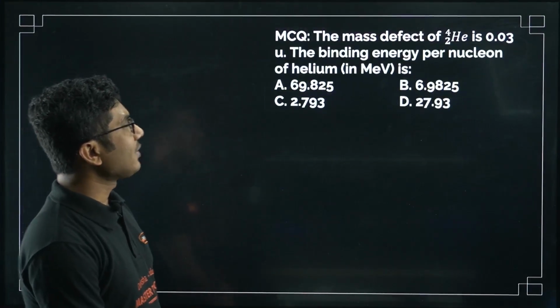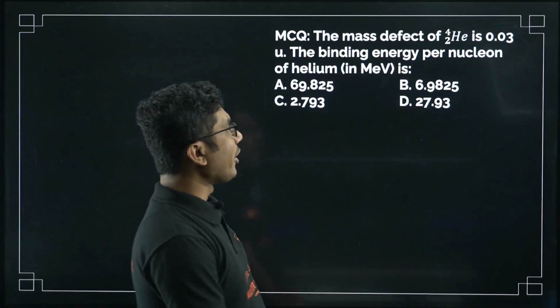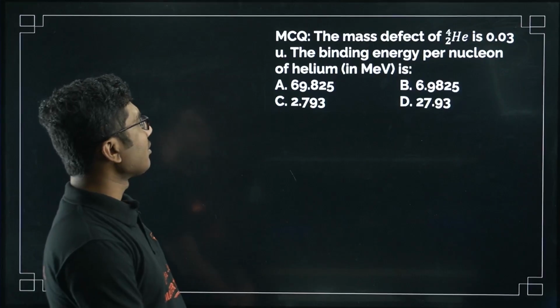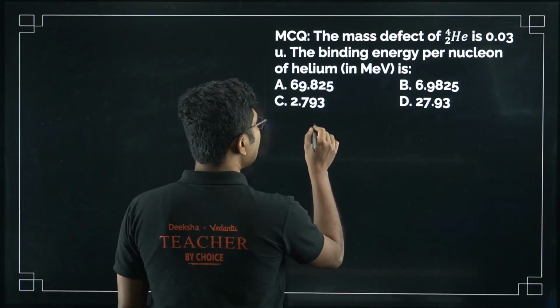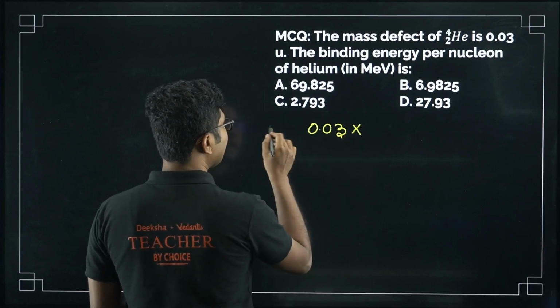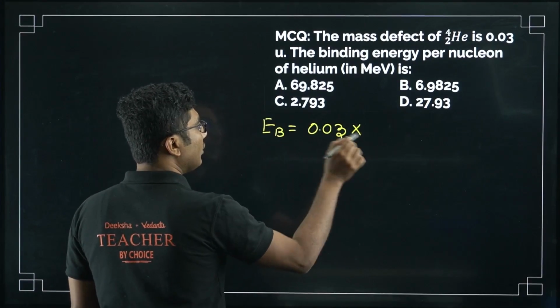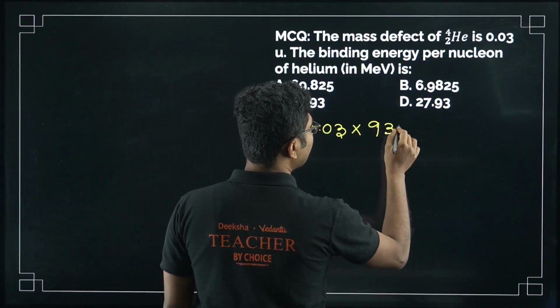The mass defect of helium-4 (2He4) is 0.03 u. The binding energy per nucleon of the helium in MeV is? So how to do that? Very easy. 0.03 u is given, so the binding energy is basically u × 931.5 MeV, first you have to convert it into MeV.